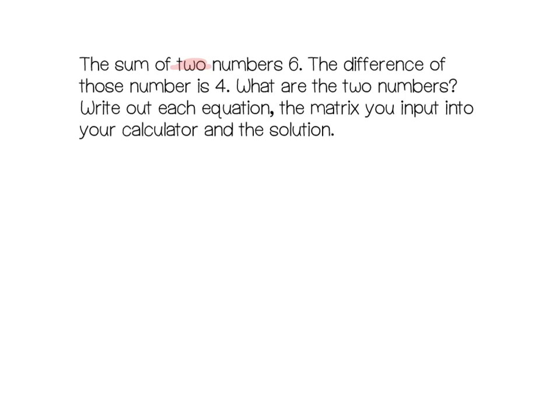Hopefully you remember that sum means add. For my 2 numbers, I'm going to use x and y. So I need to add x plus y, and the sum is 6. Then I need to take the difference of those numbers, so that would be subtract.